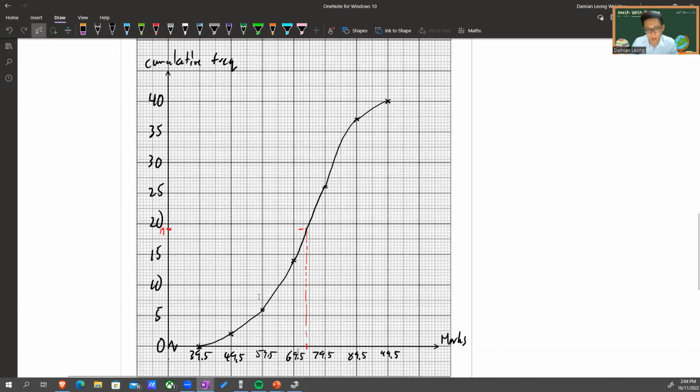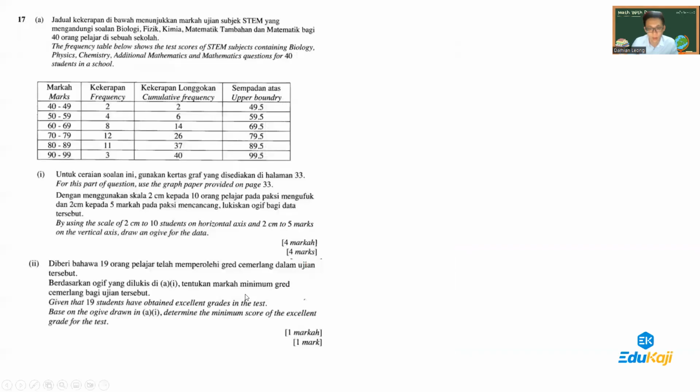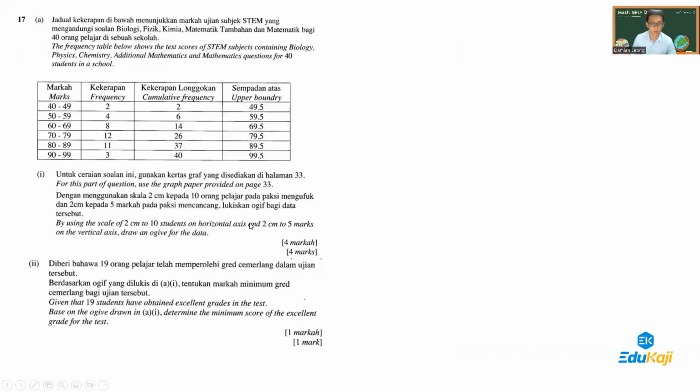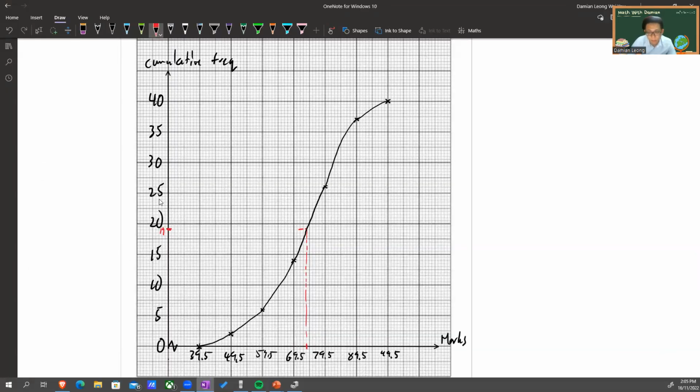Yeah. What I get is about 73.5. Okay, but it can differ. It can go up to here also. Then it is 74.5. So about 74.5, 73.5.